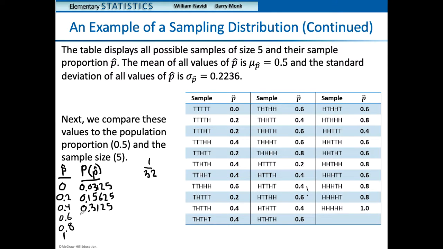So that's also going to be 0.3125. 0.8, looks like we've got 1, 2, 3, 4, 5. So that's going to be same as 0.2, 0.15625. For 1, the only one is down here, right? 1 divided by 32 will be the same as 0.